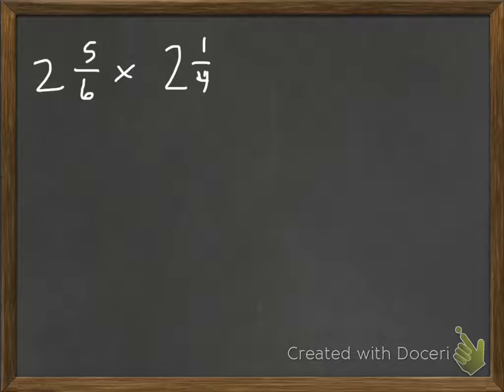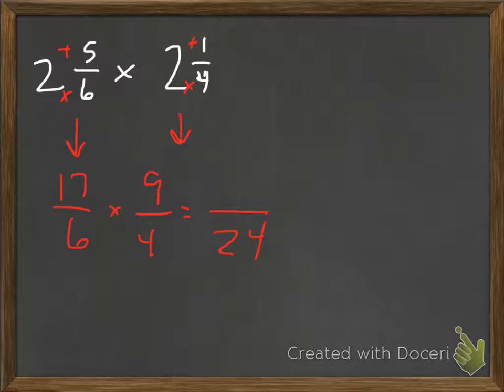You have to change each one to an improper fraction. 6 times 2 is 12. 12 plus 5 is 17 over 6. 4 times 2 is 8. 8 plus 1 is 9 over 4.